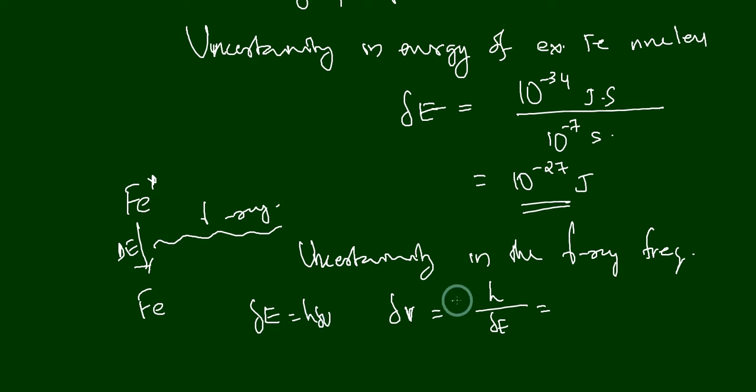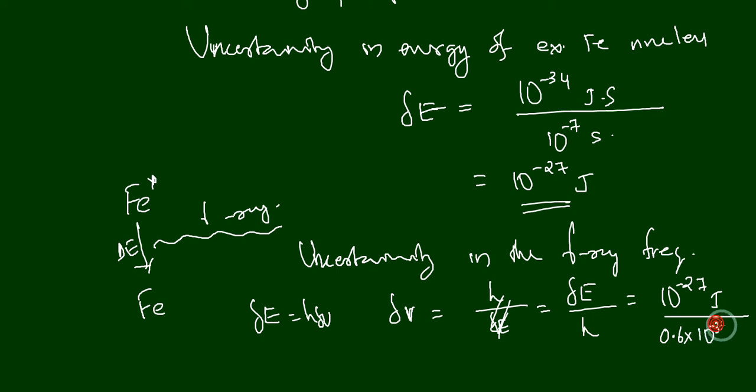Delta nu is equal to the uncertainty in energy divided by h, that is 10 raised to minus 27 joules divided by Planck's constant, which is 0.6 into 10 raised to minus 33 joule second.